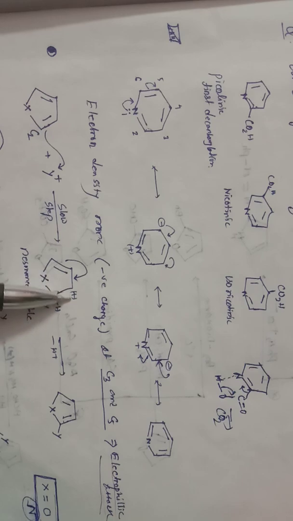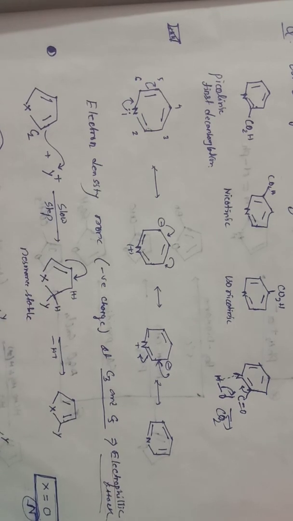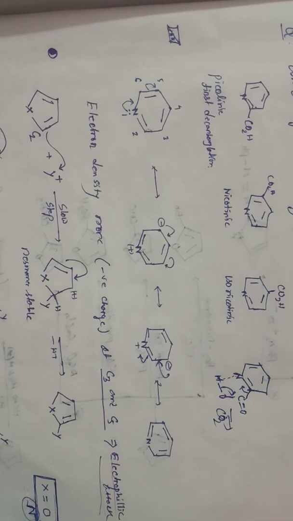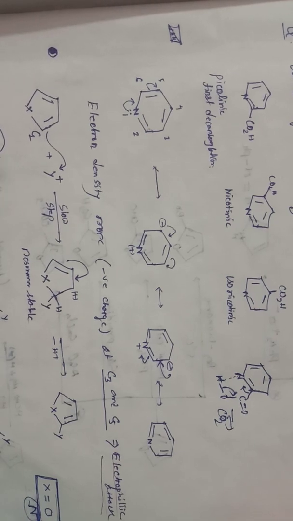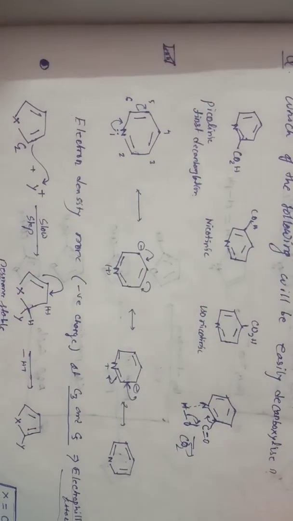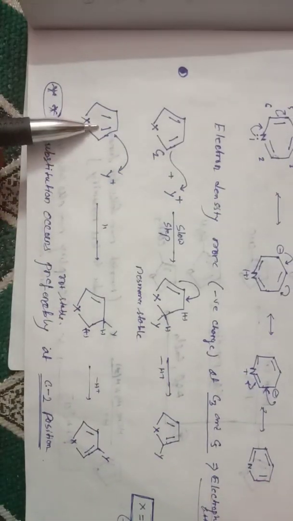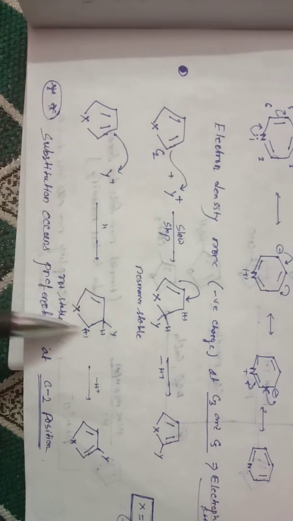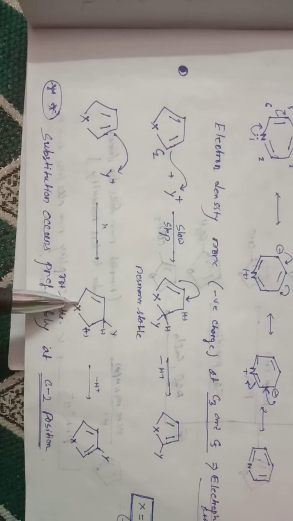Here we get a positive charge, and this positive charge is neutralized by this double bond, and ultimately we get this product at the C2 position. And if we substitute at the C3 position like this, here we see that this resonance structure is not stable.